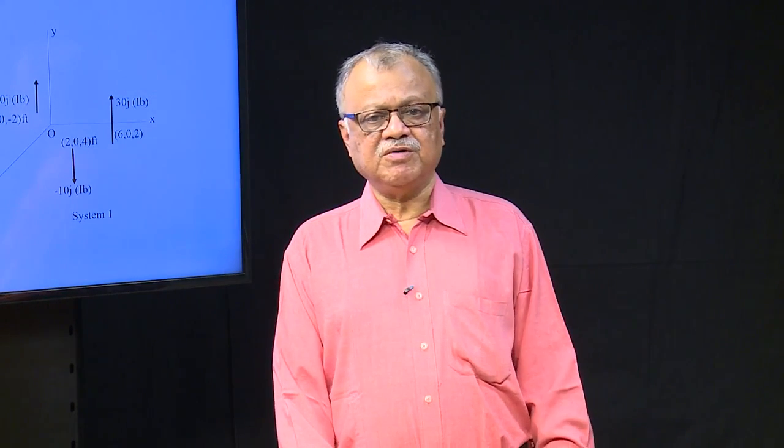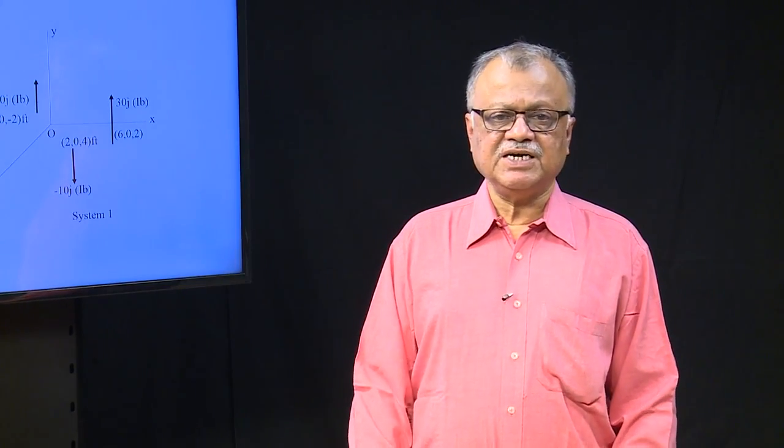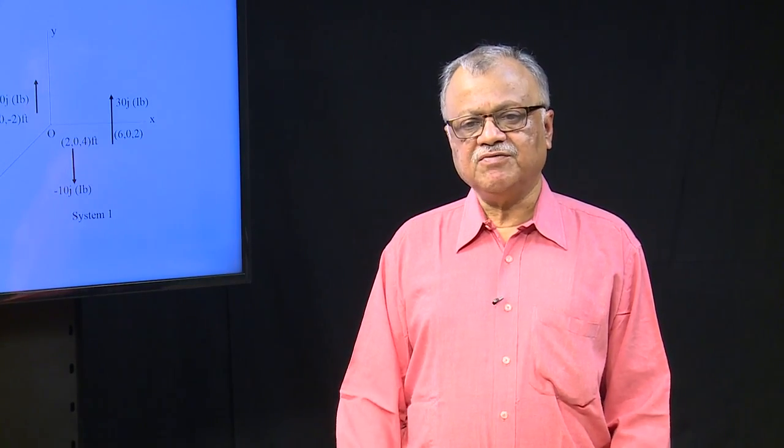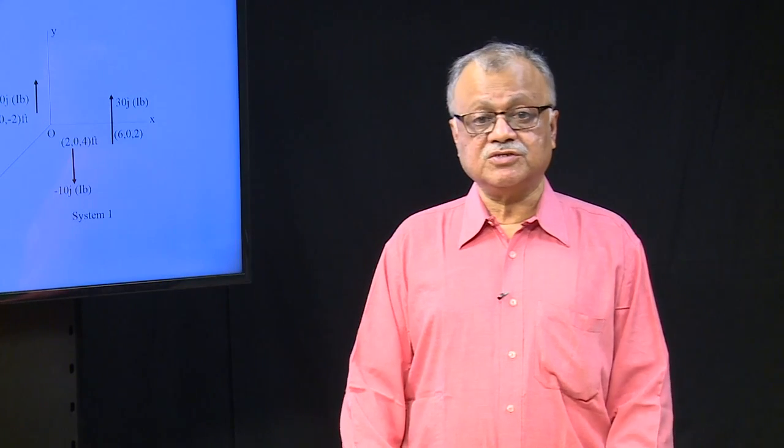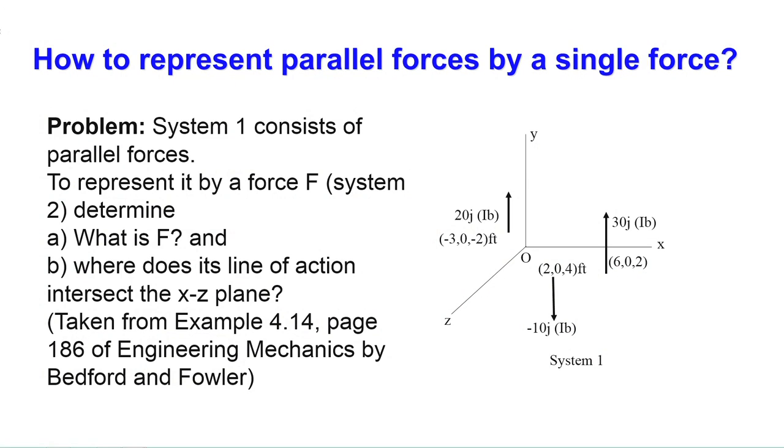Next, another problem we already discussed: if there are a number of parallel forces and we want to represent them by a single force, how will we do it? That also we can do by using an equivalent force system. This system 1 consists of 3 forces, 20 pound, 30 pound and 10 pound, and the directions are given in the figure.